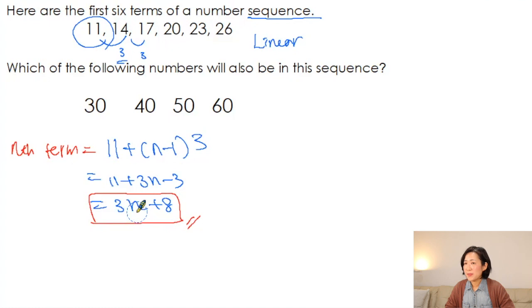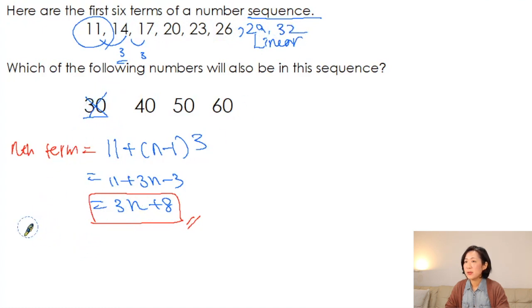But otherwise, if you get a fraction or decimal, then that means the number is not in the number sequence. As you can see, 30 cannot be in the number sequence, because after 26, your next number is 29, then 32. That's why I just cross out the 30.